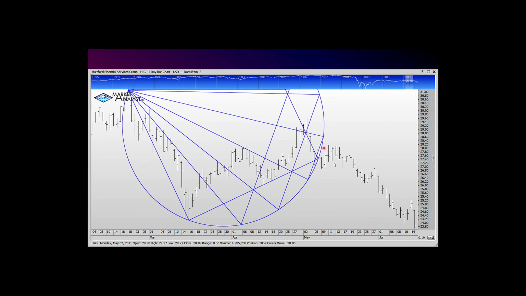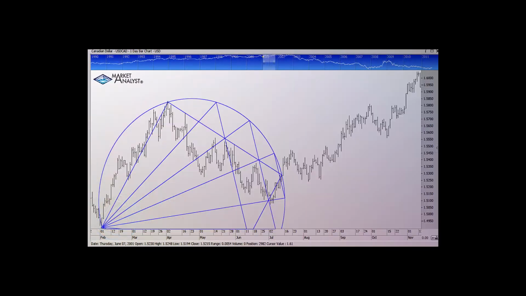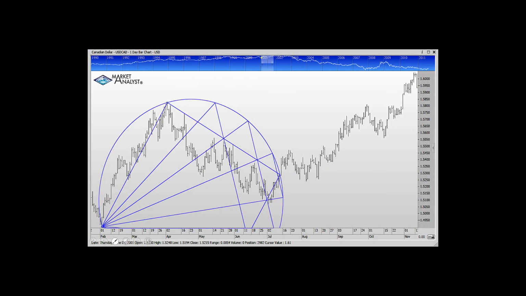Let's look at another one. Here's a bullish 52. This is dollar Canada, Forex, X, A. We have some respect of this angle here. Bounce off the tetrad.